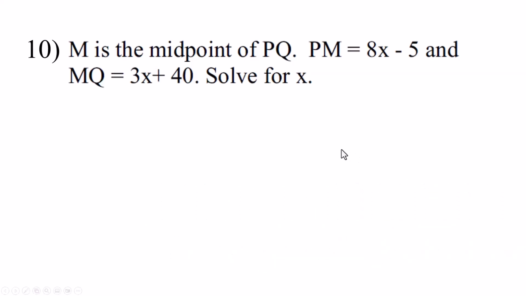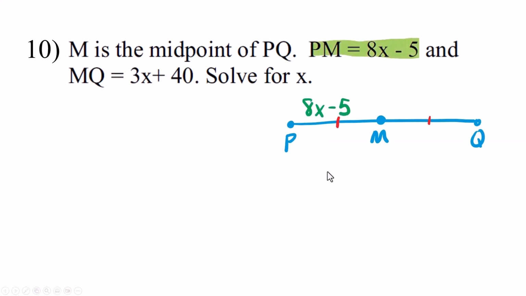All right, so here's what we've got going here. M is the midpoint of PQ. So here's M. It's in the middle of some segment that starts at P and ends at Q. It means that these two halves are equal to each other. PM is 8x minus 5. I'm going to put that right here.